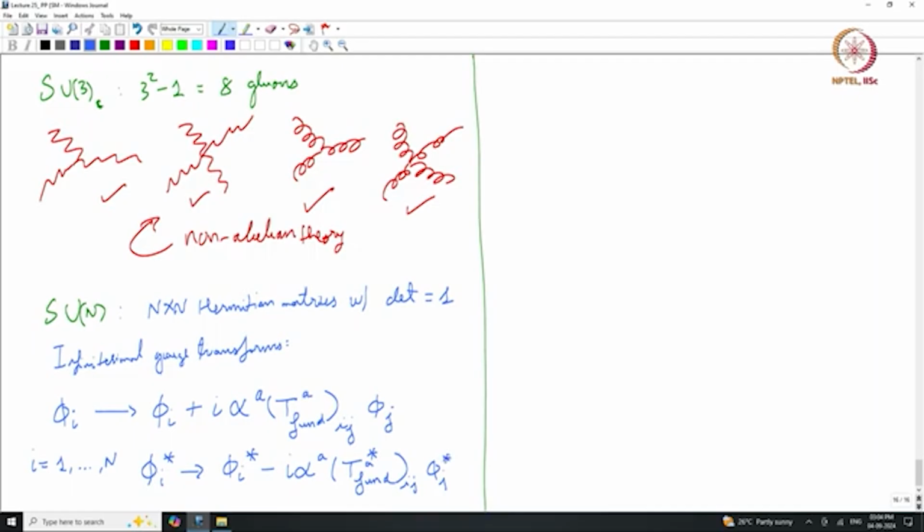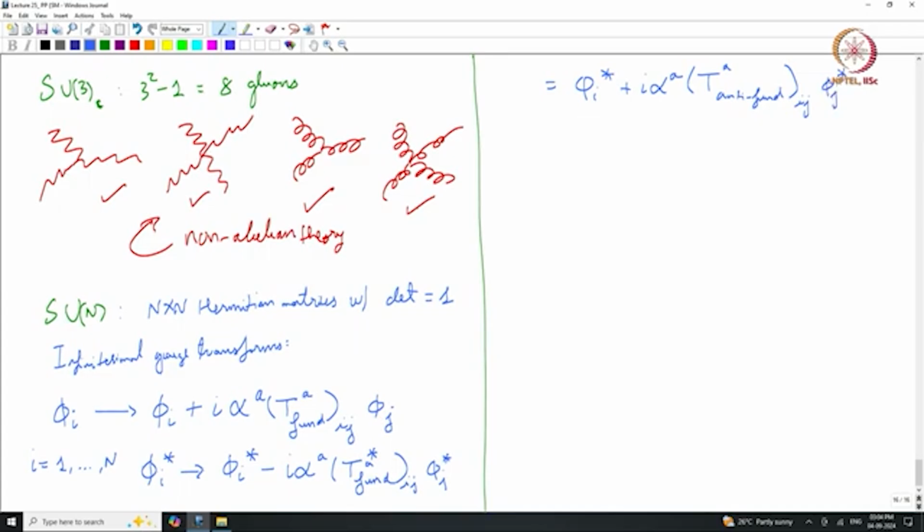But I am going to rewrite this as phi I star, again a plus i alpha A. I am going to call this object a generator for the anti-fundamental representation.